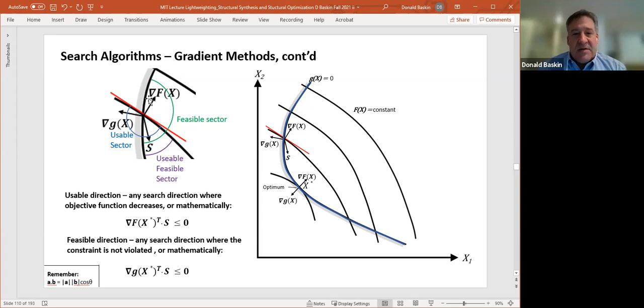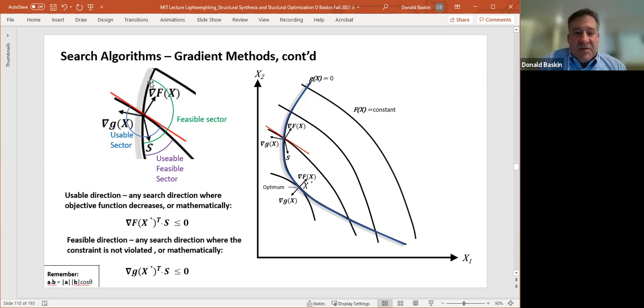So here's the blue line here, and this right here is perpendicular to the tangent of the function at that point. And then it's reasonable to say that anytime you are, let's say, below this red line, your function will decrease because it's going the opposite direction of the gradient. And so anywhere in this angle right here, anywhere where the search direction S is between 90 and 270 degrees.